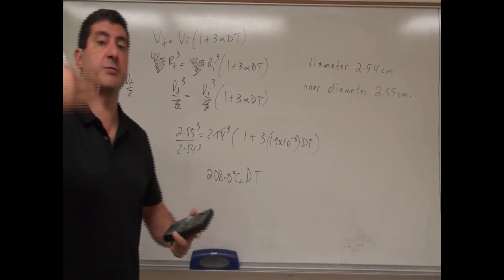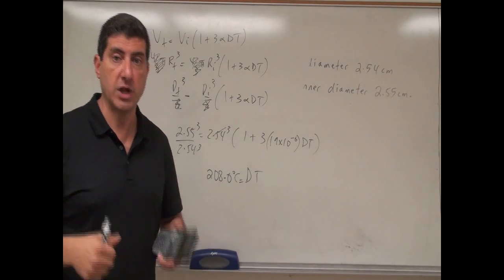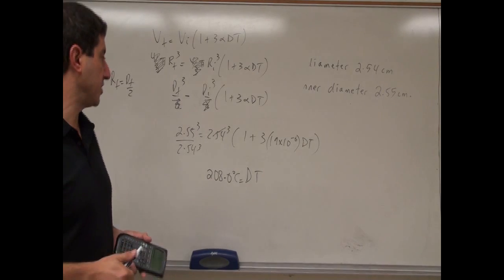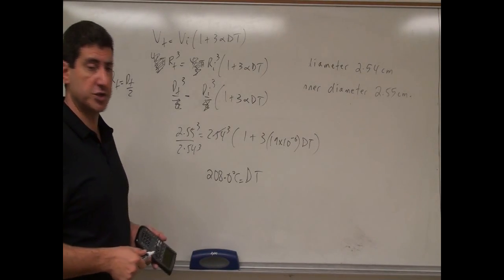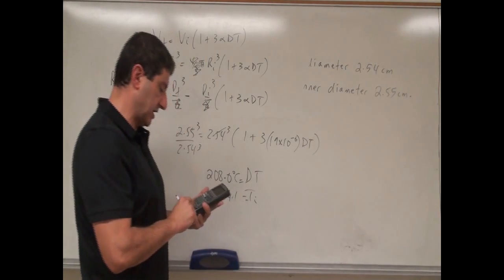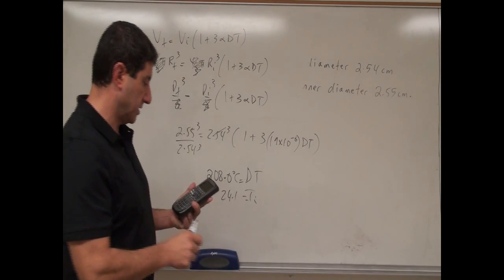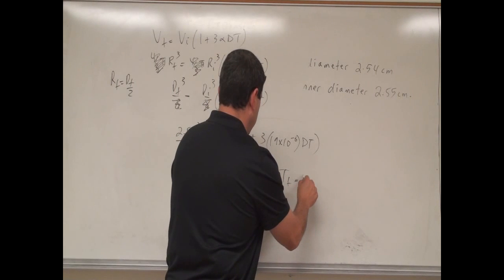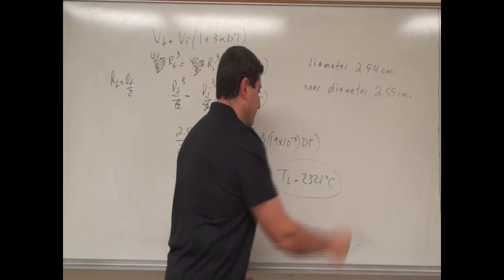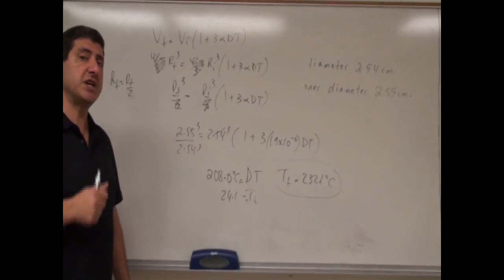So that's how much the temperature should be increased of the brass ball in order for it to not be able to fit into the ring, right? So if its initial temperature was equal to 24.1, we add that to this, and then the final temperature comes out to be equal to 232.1 Celsius, okay?